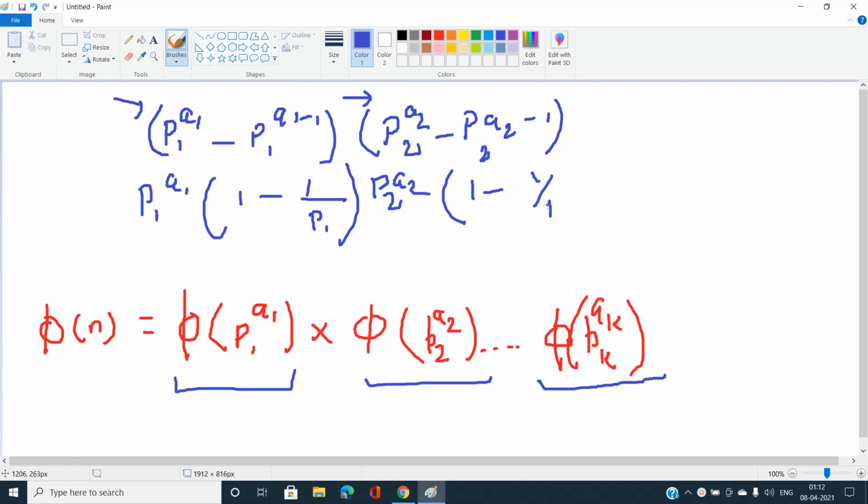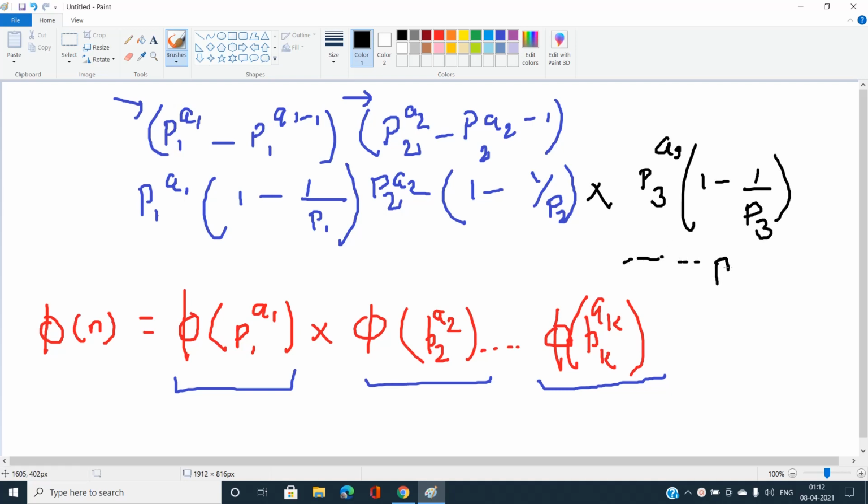Similarly for the next statements, multiplied by p3 power a3 into 1 minus 1 upon p3, and for the last prime factor, pk power ak multiplied by 1 minus 1 upon pk.